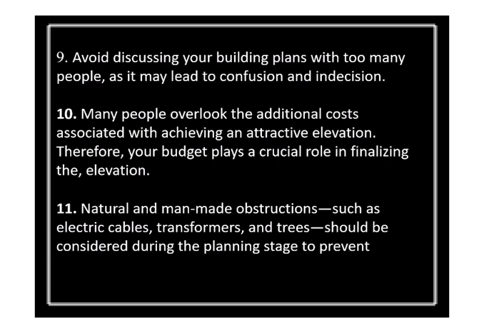Natural and man-made obstructions such as electric cables, transformers, and trees should be considered during the planning stage to prevent complications later, as they obstruct the elevation of your building.